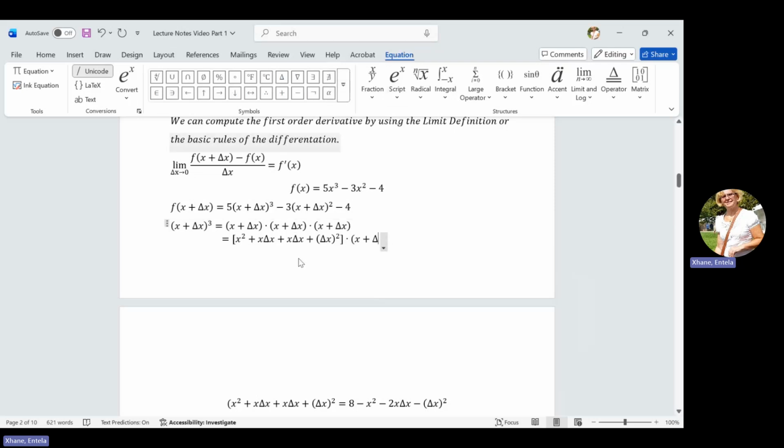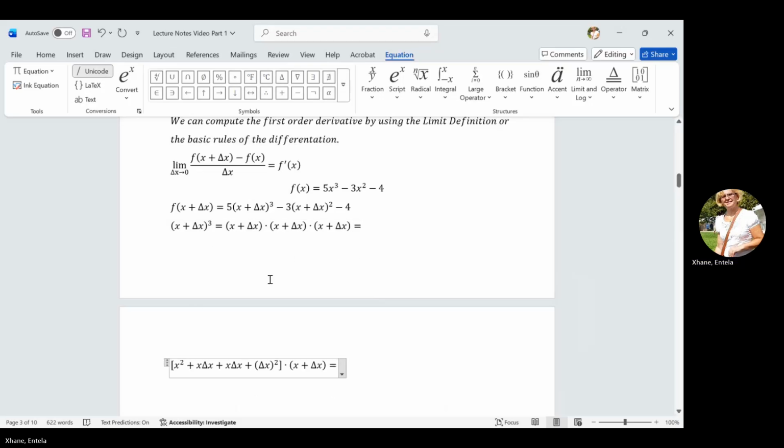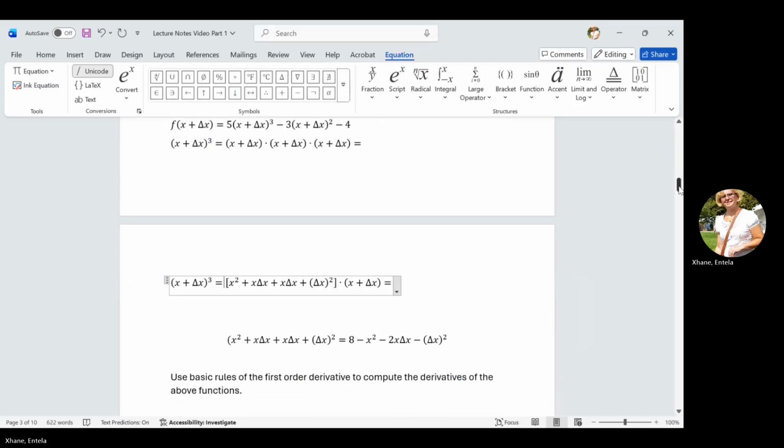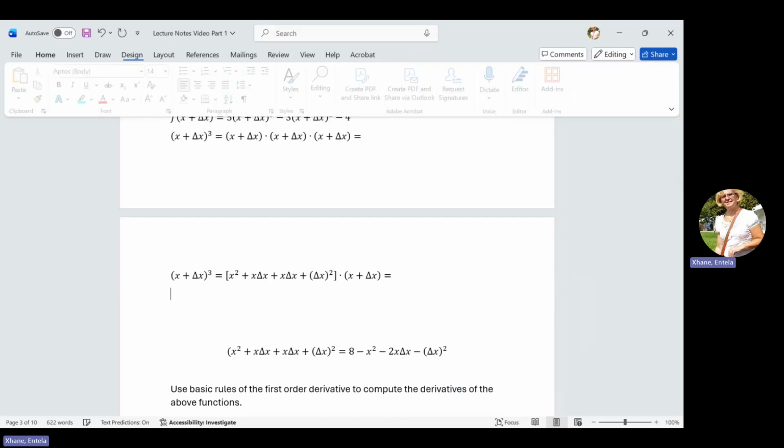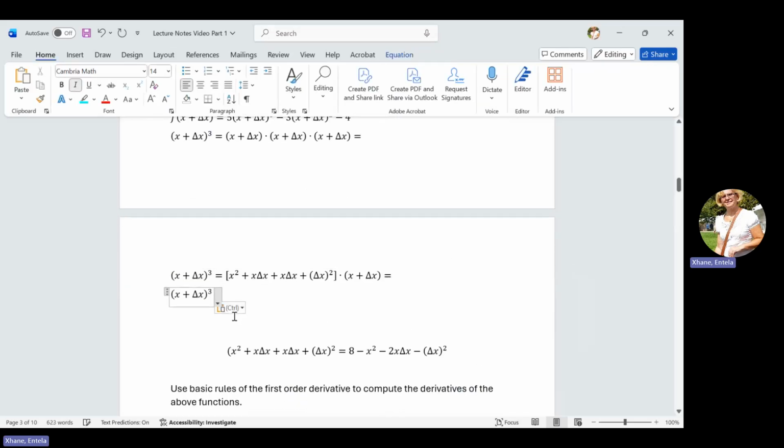So now this is different because you have 3 of them, okay? So let's see how this product is going to look. So we are still doing this. So I have to go on to the next step.